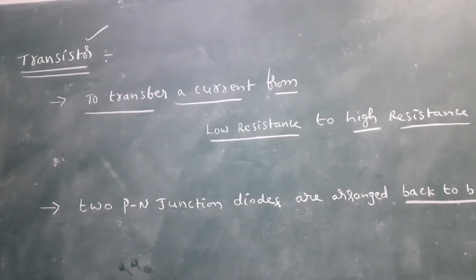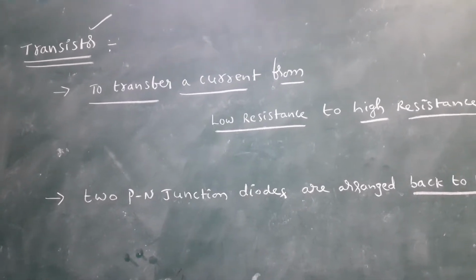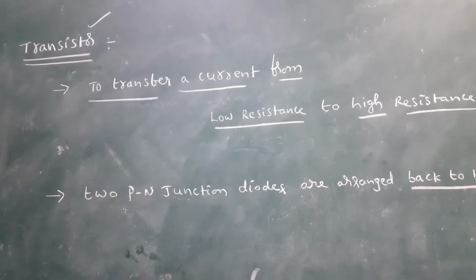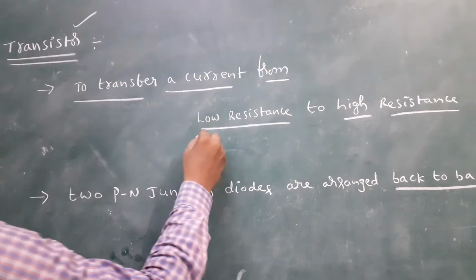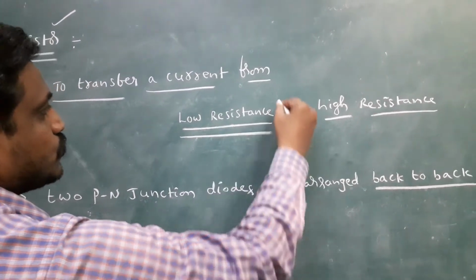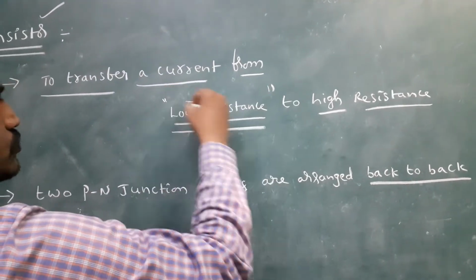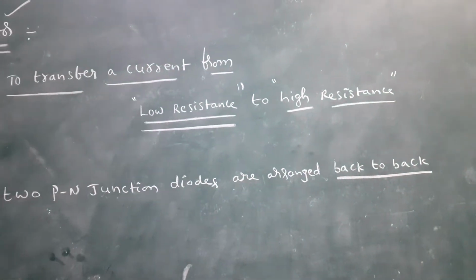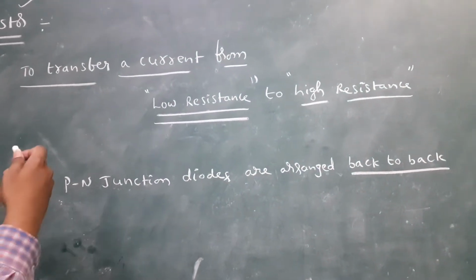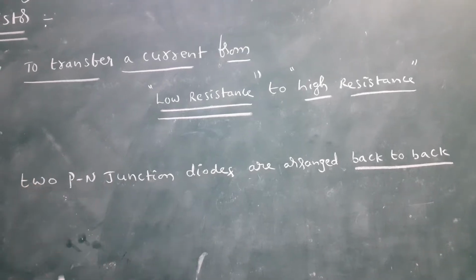What is the use of transistor? A transistor is a device to transfer a current from low resistance to high resistance. Generally, current flows from high opposition to low opposition.